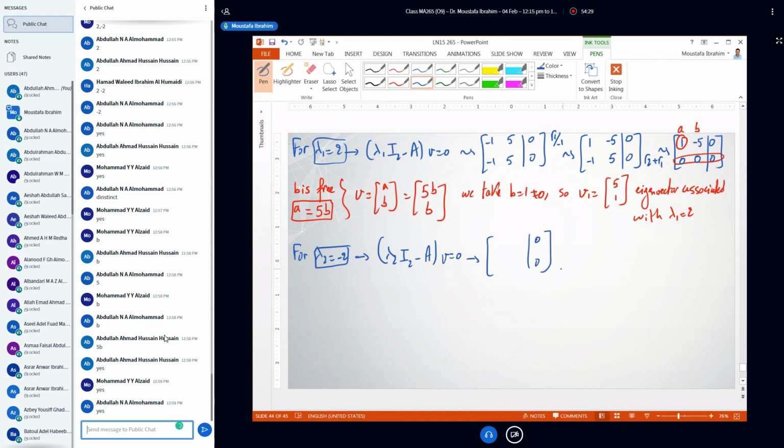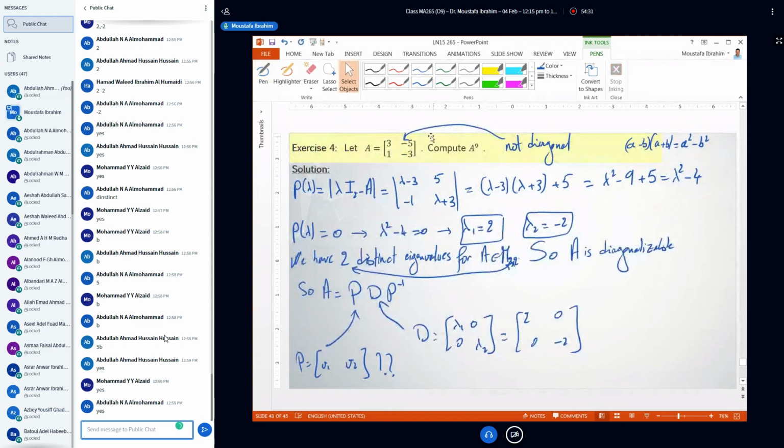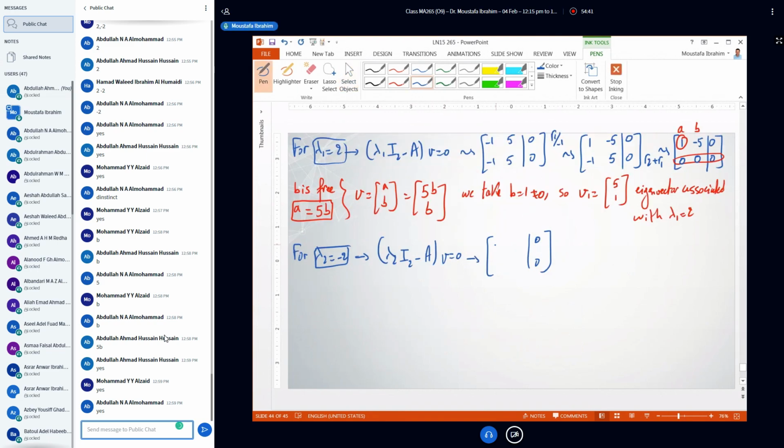Put negative 2 instead of lambda: minus 2 minus 3, so minus 5, 5, minus 1, and minus 2 plus 3, which is 1. So minus 5, 5, minus 1 and 1. Here, R1 divided by minus 5: 1, minus 1, 0, negative 1, 1, 0. R2 plus R1: 1, negative 1, 0, and all zeros.